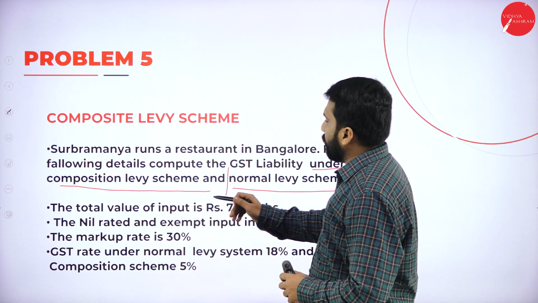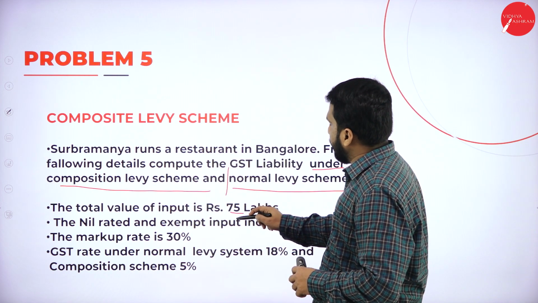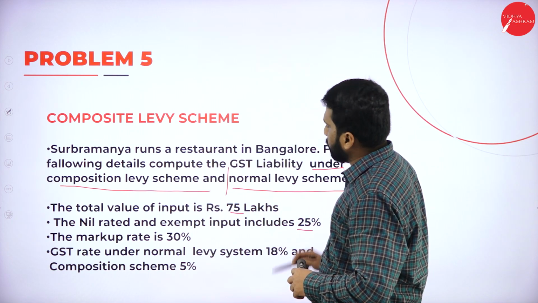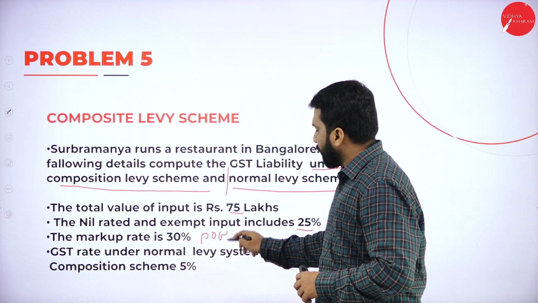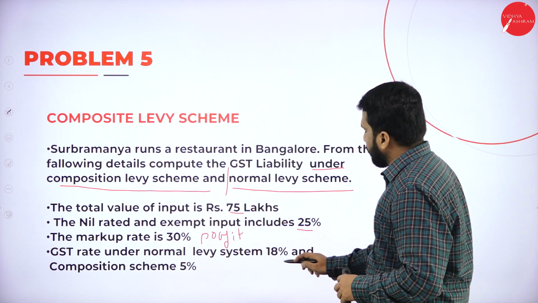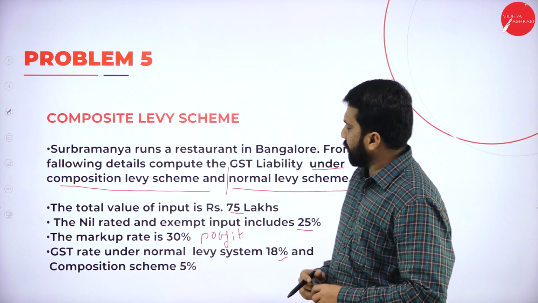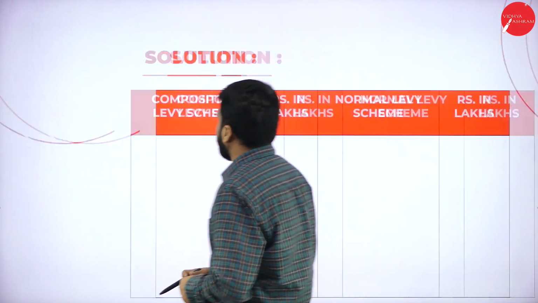Total value of input is 75 lakh. The nil rated and exempt input includes 25%. The markup, remember, means profit. Then the GST rate under the normal levy scheme is 18% and under the composite scheme is 5%. Clear? I'll go for the answer.